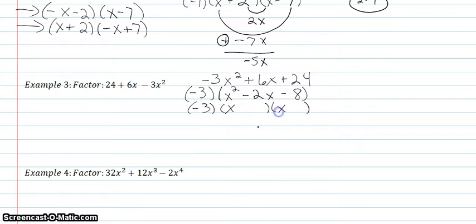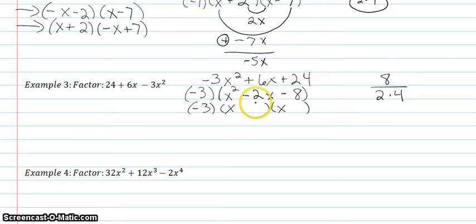We know that we're going to have an x times an x to get x squared. Then we need to think of what are the factors of 8 that would have a difference of negative 2. So 2 and 4 would fit that.